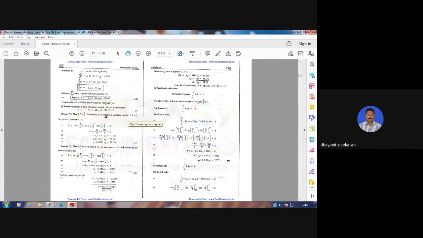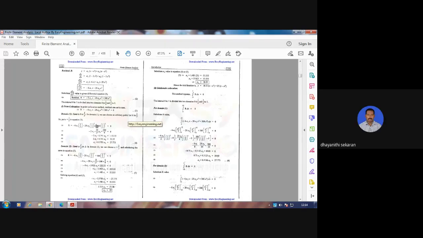First, what is the limit? 0 to 1. By 0 to 1, we take x equal to 1 by 2 as one equation, and x equal to 1 by 3 as another equation. Can anybody say what the value of 1 by 3 is? The value of 1 by 3? 0.33, sir.